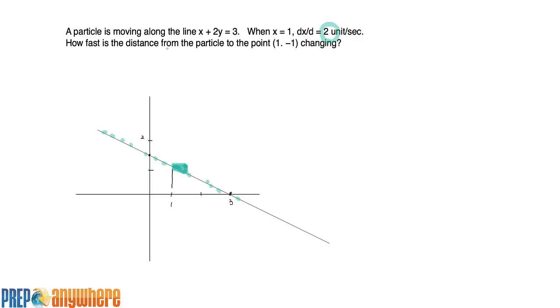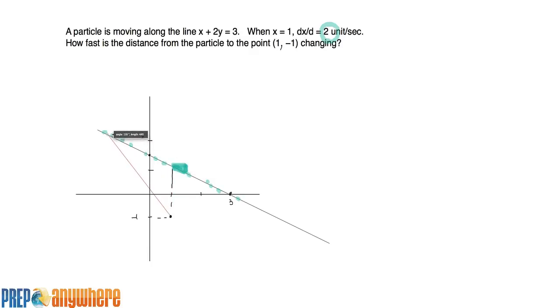Given that, how fast is the distance from the particle to the point 1, negative 1 changing? So you can imagine, let me change the color here. This gives us how fast the point is moving, but we are ultimately interested in how fast this distance is changing.